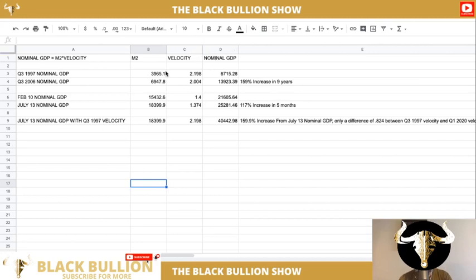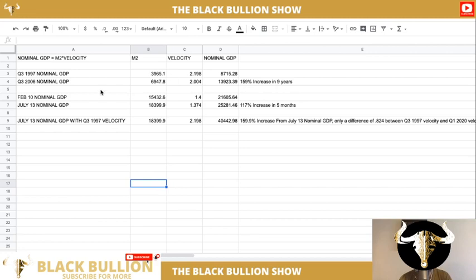We got that by multiplying the M2 of that period and the velocity of that period. Now, almost 10 years later, Q3 2006, nominal GDP was at 13,923.39. That was basically a 159% increase in 9 years.